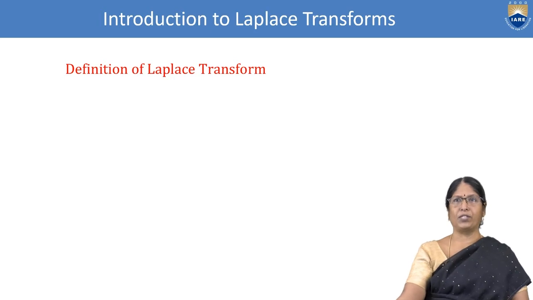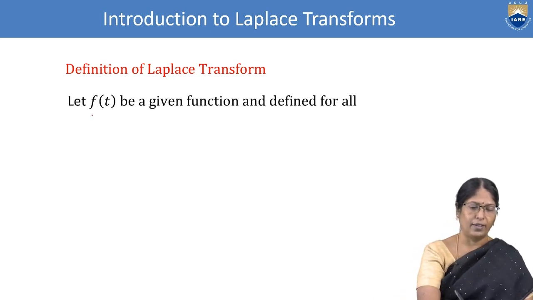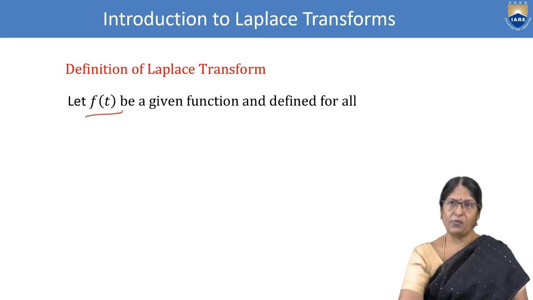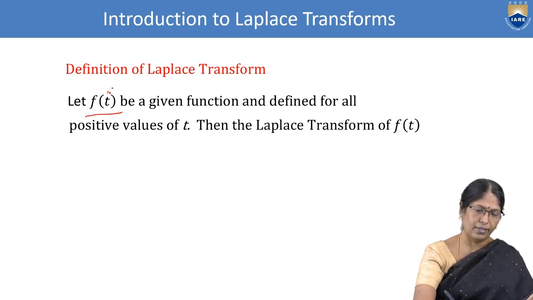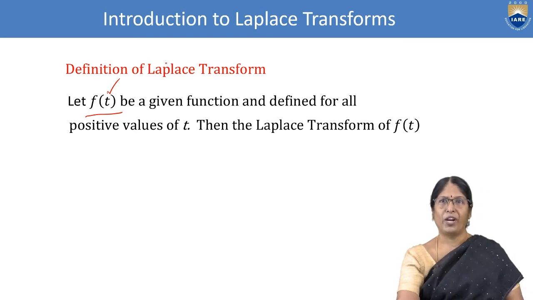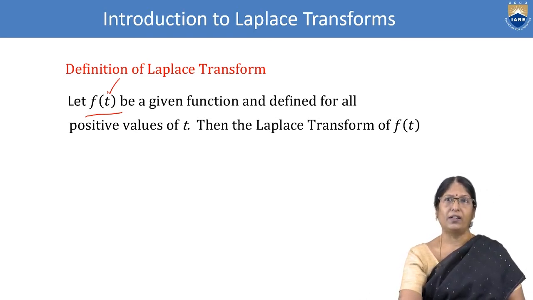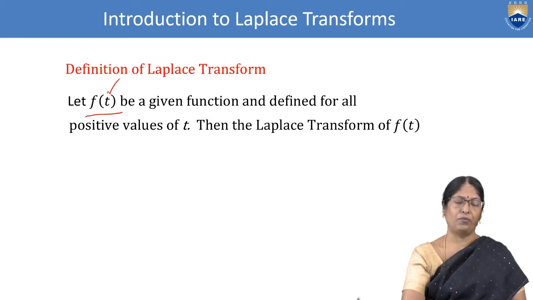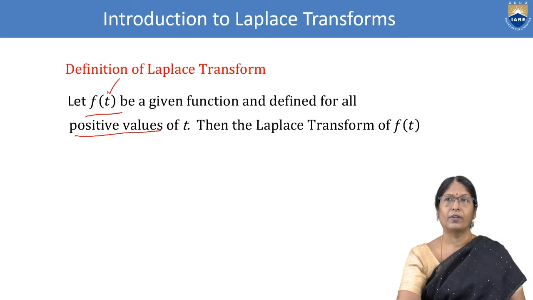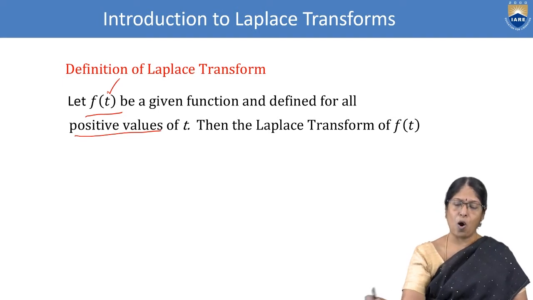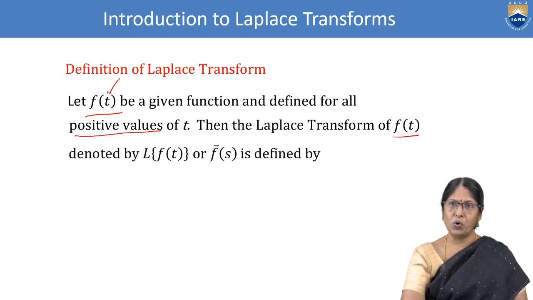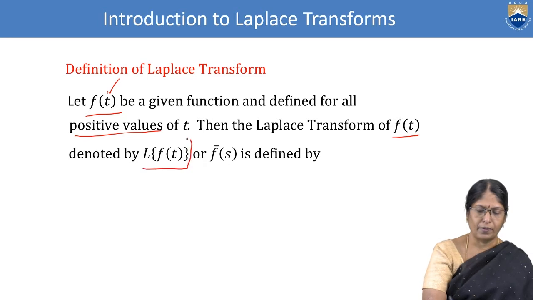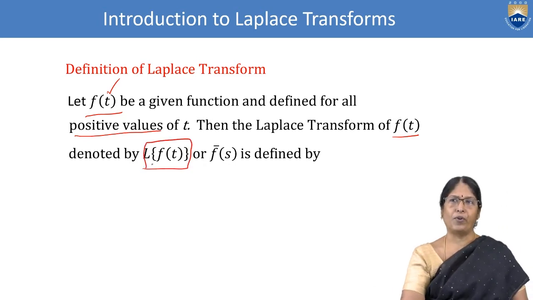Definition of Laplace transform. Let f of t be a given function defined for all positive values of t. That is, the function contains the variable t, and t has only positive values. Then the Laplace transform of the function f of t is denoted by L of f of t.